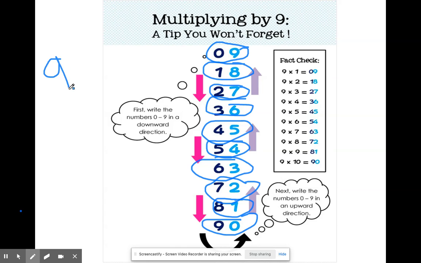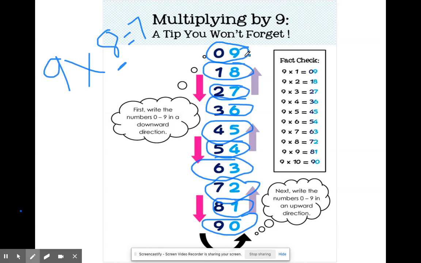So we said we can use this to solve our 9 facts. For instance, if you have 9 times 8, we can take 1 from 8, and that's going to be 7. And that's going to be our first digit in our product.